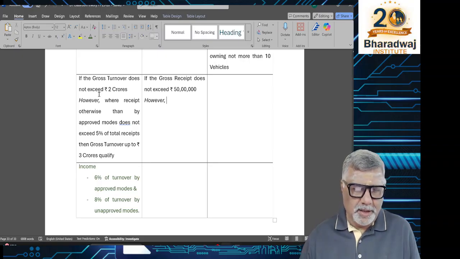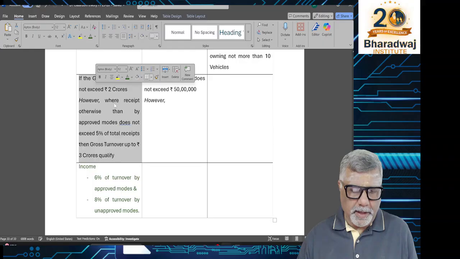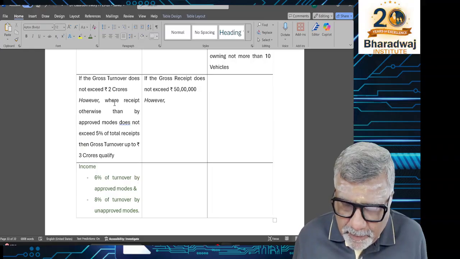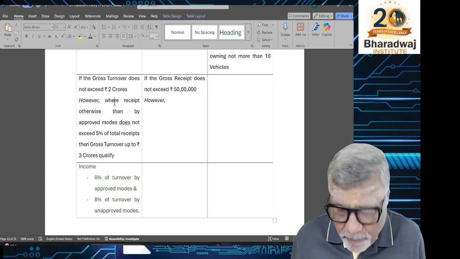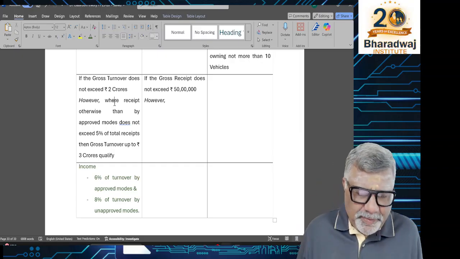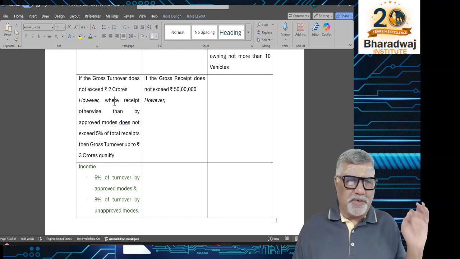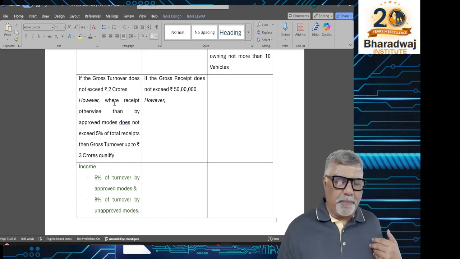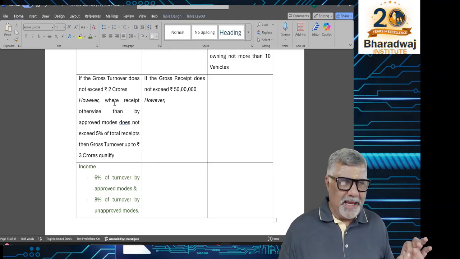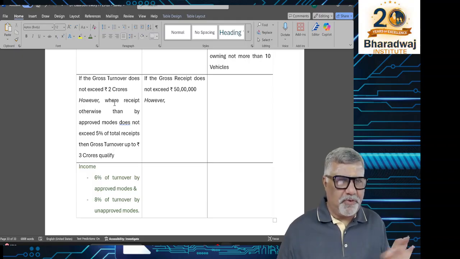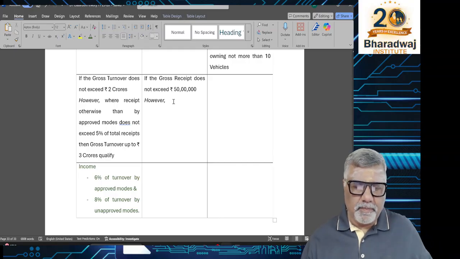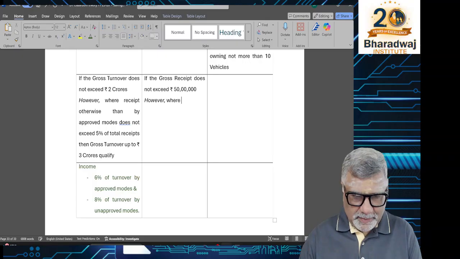Yes. I need not see 5% and all. Up to 2 crores, I need not see anything. Out of this 1 crore 50 lakhs, 50 lakhs I received by unapproved modes, and 1 crore by approved modes. My income is 1 crore into 6% plus 50 lakhs into 8%. Thank you, Kanu.